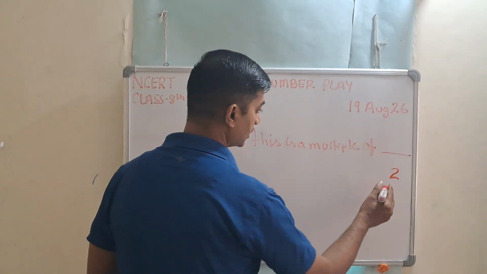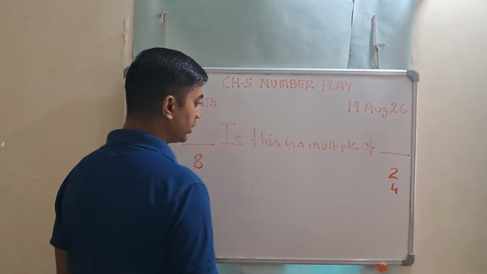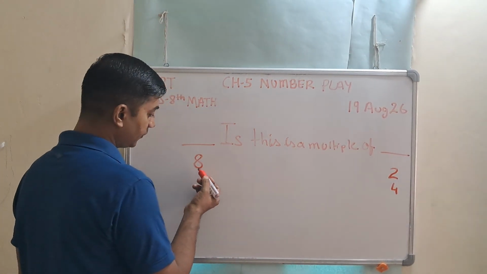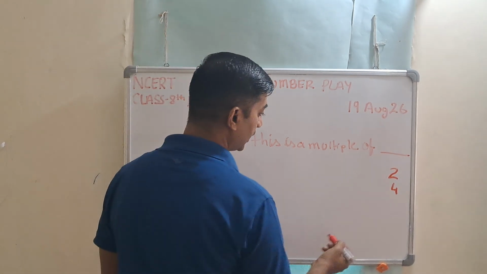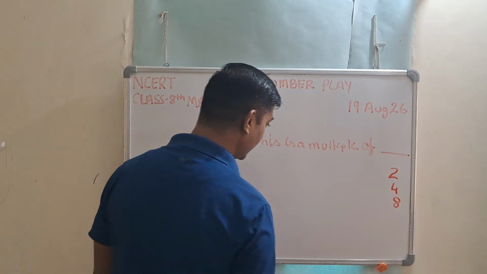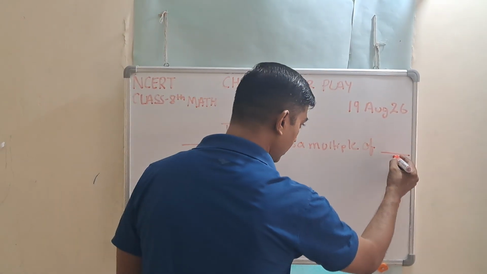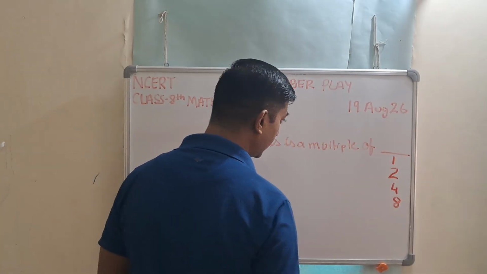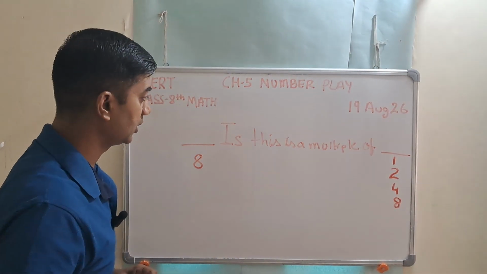What if you write here 4? Then you can conclude that yes, of course 8 is a multiple of 4. And if you write here 8, of course 8 is a multiple of 8. And you can also write here 1. What does that mean? That 8 is a multiple of 1.